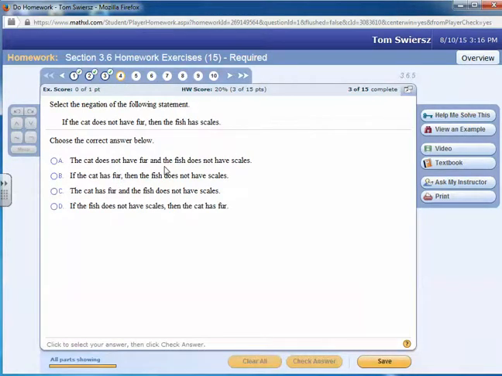Number 4: if the cat does not have fur, then the fish has scales.